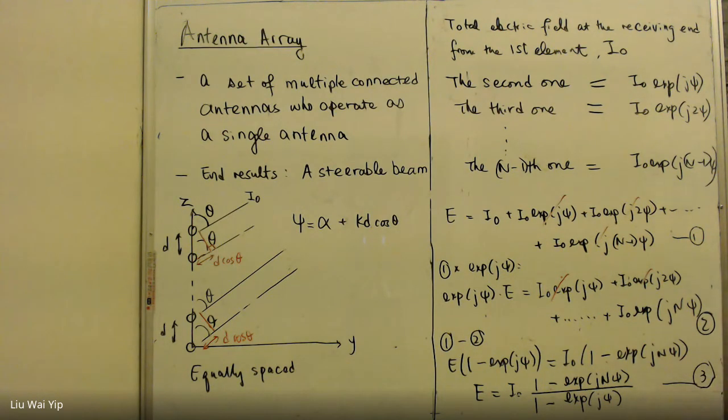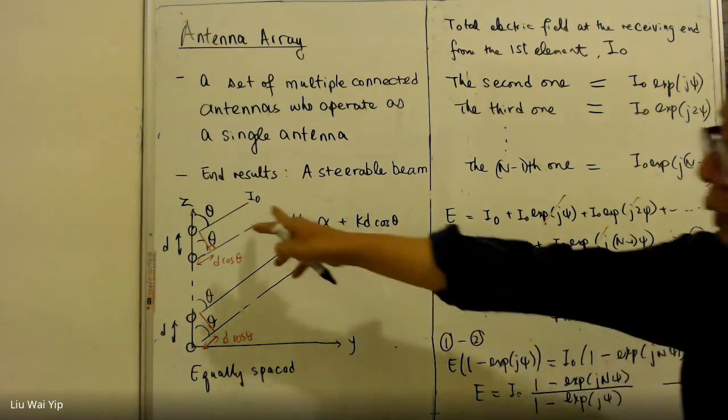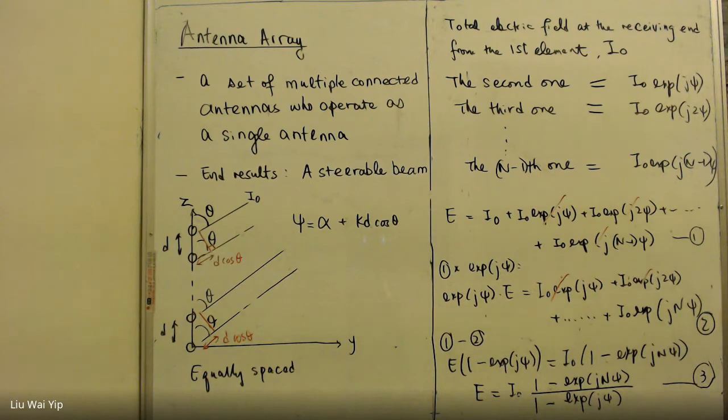So now the next step is to further simplify this expression. This expression is already very simple. But the problem is you have a complex function here and a complex function here. And if you are asked to plot the electric field from this one, it's difficult because the whole expression is complex. And that's why we need to further simplify this expression.